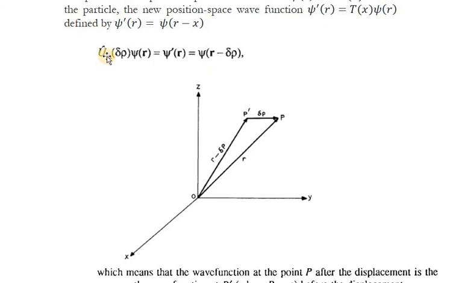Here the unitary operator U of delta rho acts on psi of r, then it will have the new wave function. It moves to the new position, psi dash of r, then the wave function is psi of r minus delta rho.